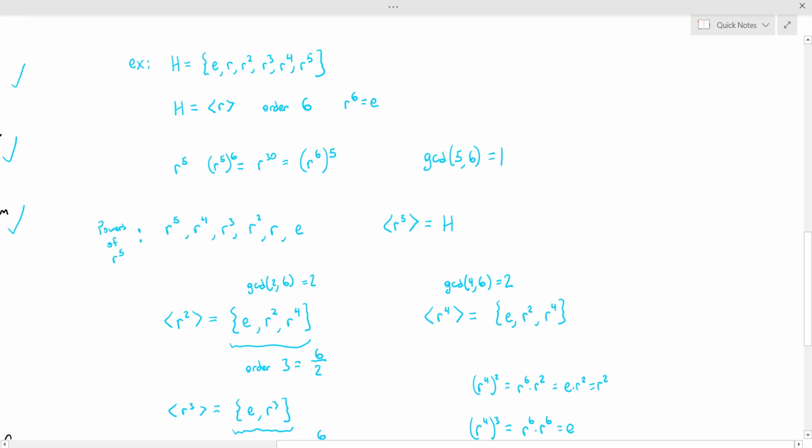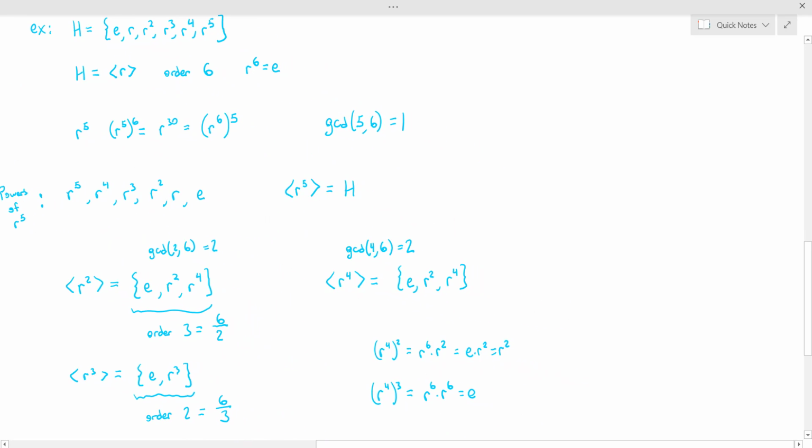So maybe just to draw a little picture of what we call a subgroup diagram for this cyclic group of order 6. We have the group H, and then we have a cyclic subgroup of H of order 3.